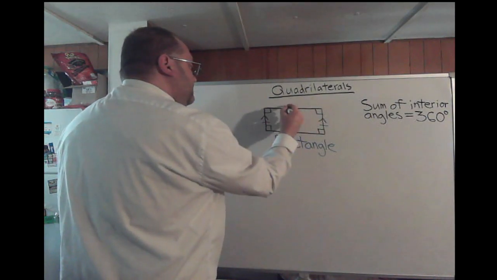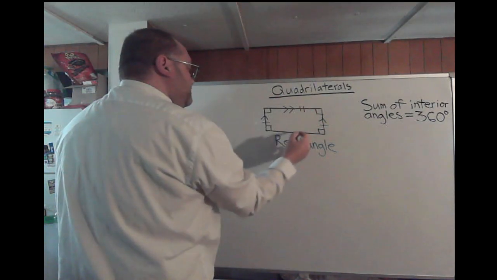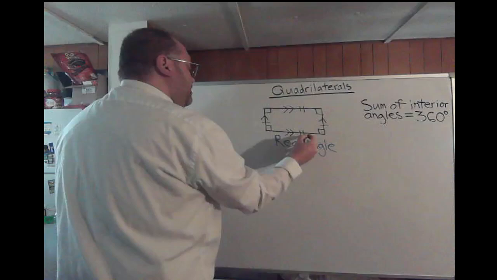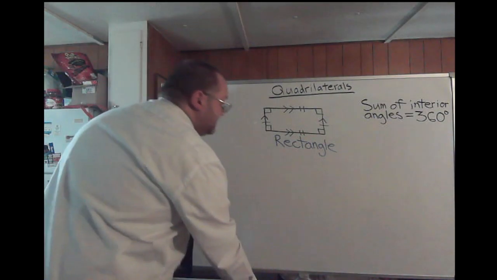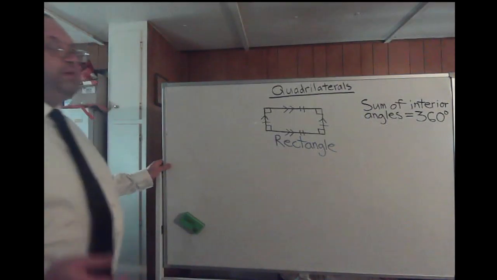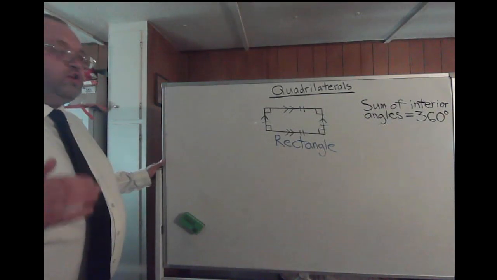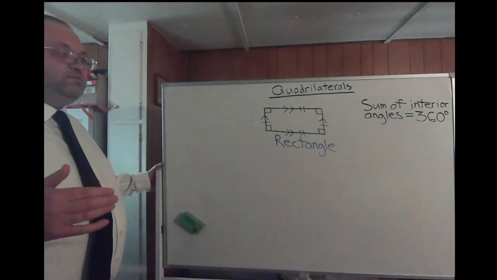In a rectangle, just like a parallelogram, both pairs of opposite sides are parallel and congruent to each other. But also you have four right angles. That is a rectangle. So parallelograms are not always rectangles. You just could have parallelograms where you have acute and obtuse angles.